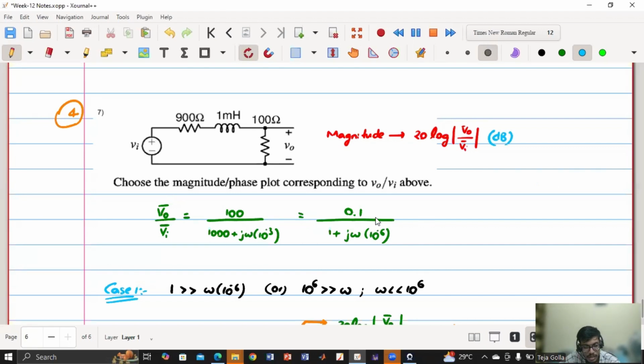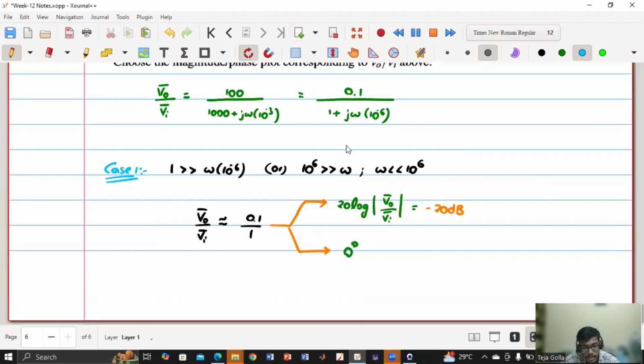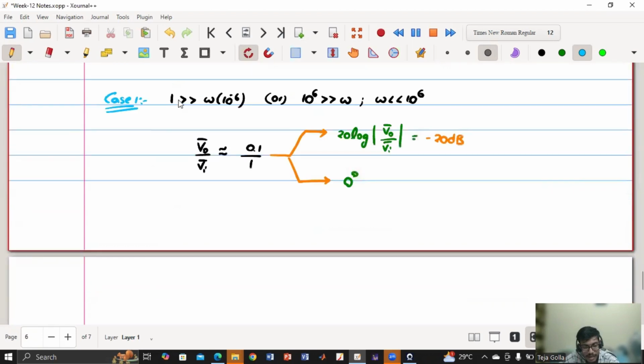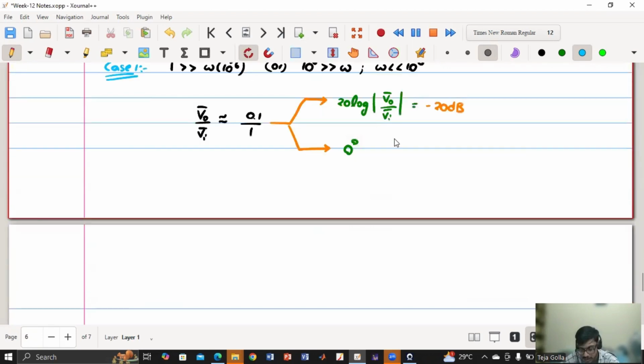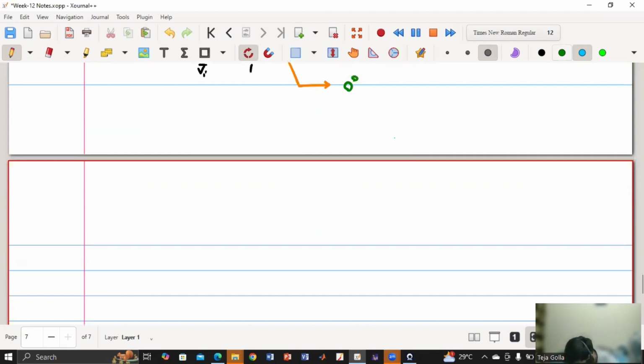The second case will be when 1 is much smaller than omega into 10 to the power minus 6, which means omega is much greater than 10 to the power 6.